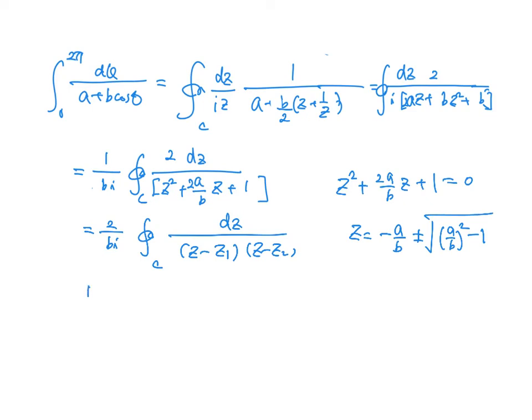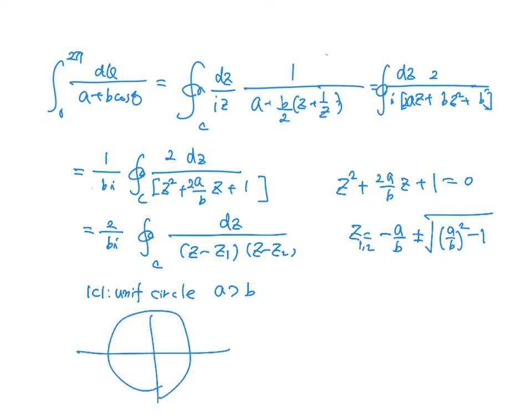So C is a unit circle. I said A is greater than B, so one of the points is outside, one inside. So this is C1, C2.